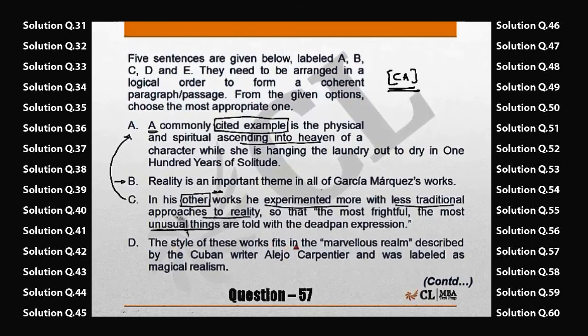The style of these works fit in the marvelous realm described by the Cuban writer Alejo Carpentier and was labeled as magical realism. So these works, which would be, so we know that after B, D has to come, after D, C has to come, after C, A has to come. That's a connection that we had so far.